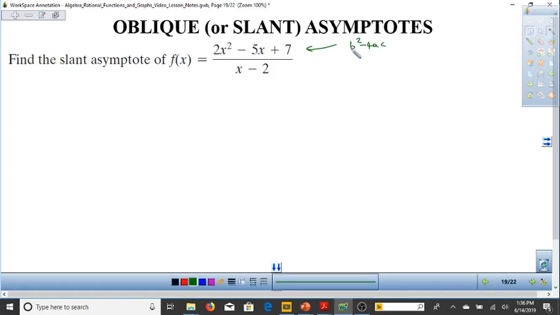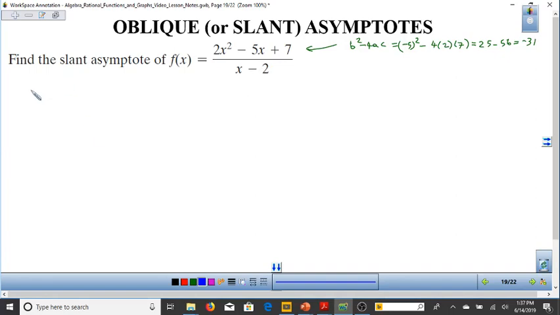In this case, because it's quadratic, that's equal to negative 5 squared minus 4 times 2 times 7. And that's 25 minus 56, which is going to be equal to negative 31. That does not factor because the discriminant is negative. So we now know that the vertical asymptote is x equal to 2.